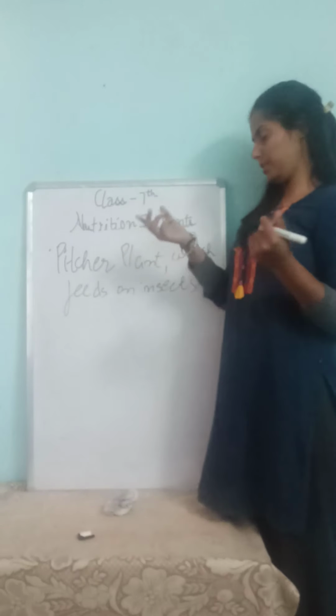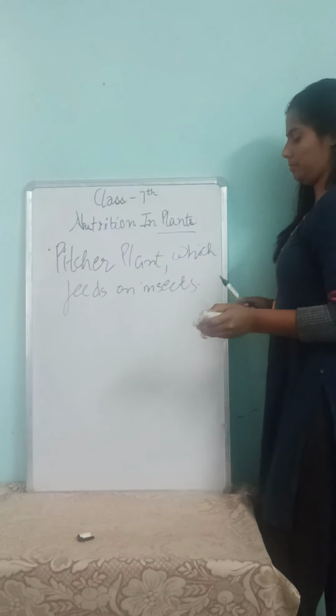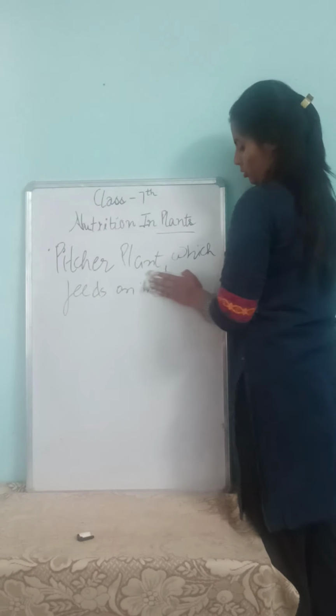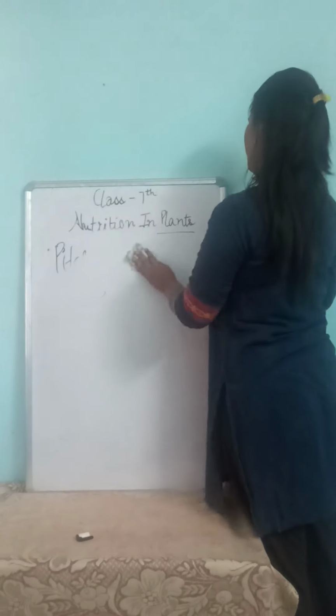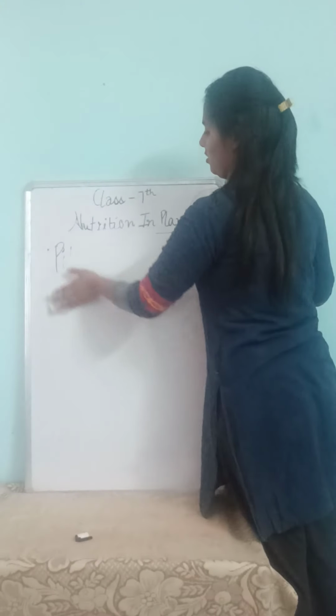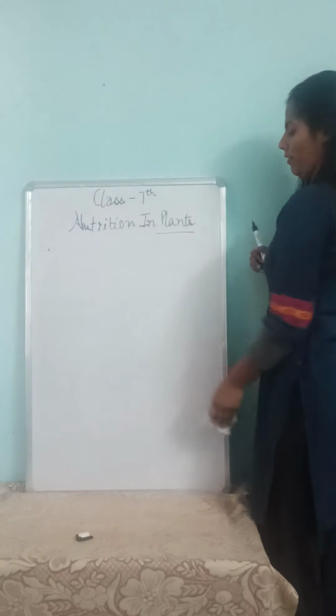What happens in a pitcher plant? I will draw a diagram. The pitcher plant also has green pigment, but why does it feed on insects and other organisms? Do you have any idea?